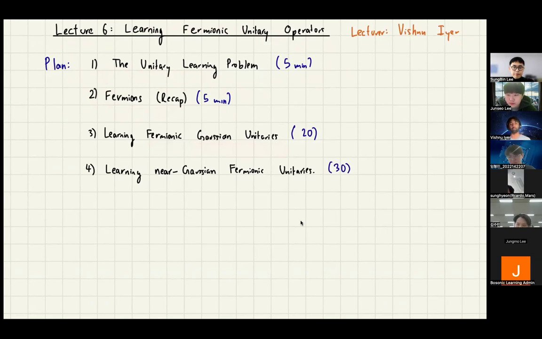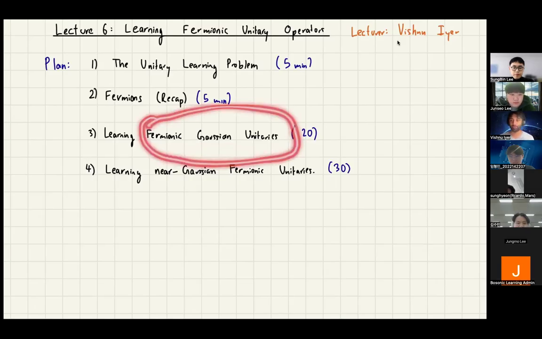The point is going to be that you can't learn arbitrary unitary operators. It's going to be very difficult, but we can look at some particular subset of unitaries to learn. And fermionic Gaussian unitaries are a great example of this.